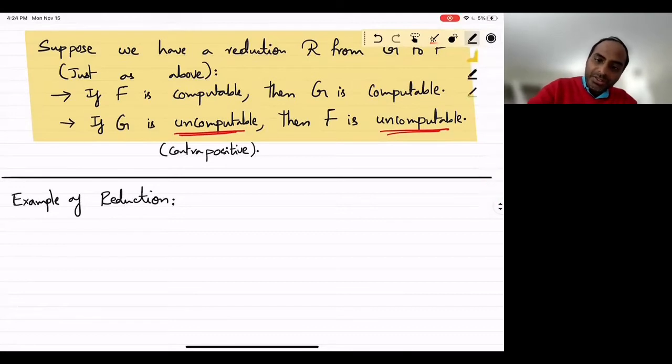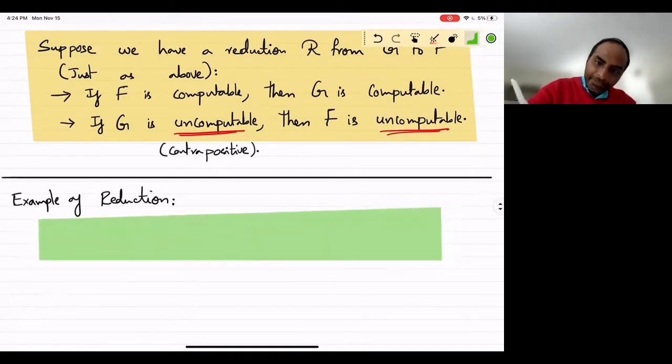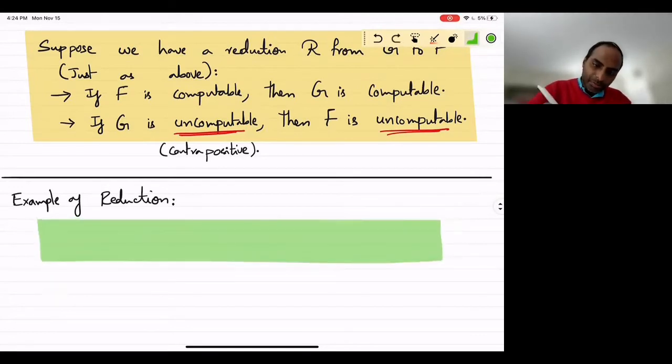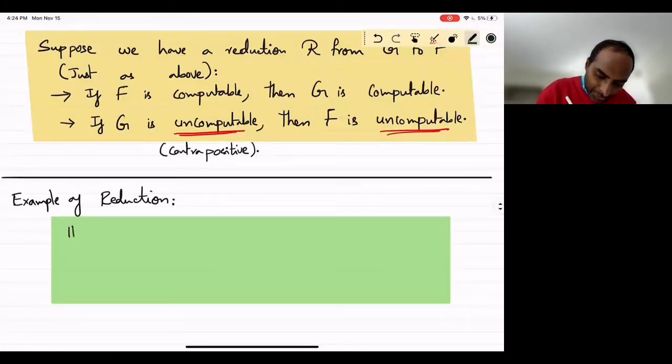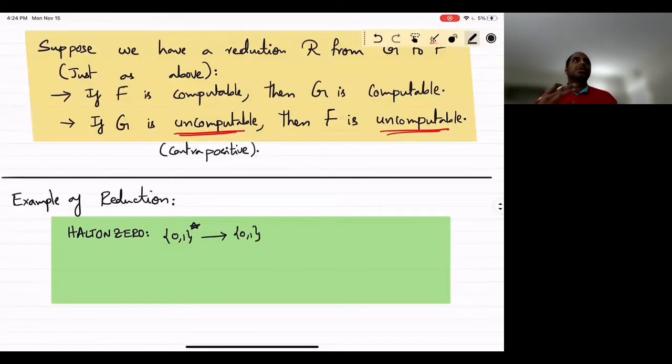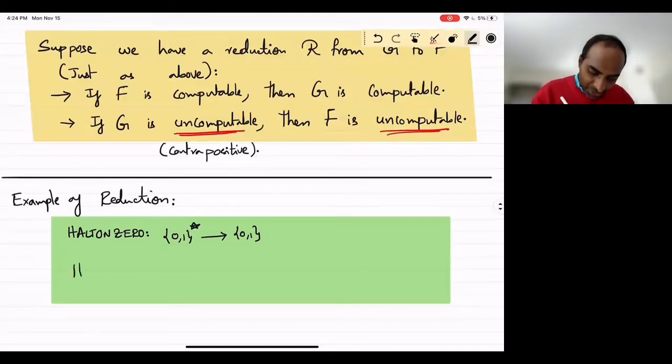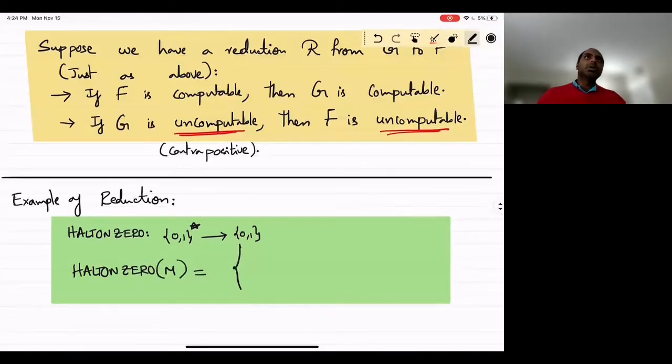Okay, so let me define a function which is the following. Let me make a bigger box. Halt on 0. It takes a binary string as input and outputs a 0 or 1 value, and is going to view the binary string as the description of a Turing machine and do the following.